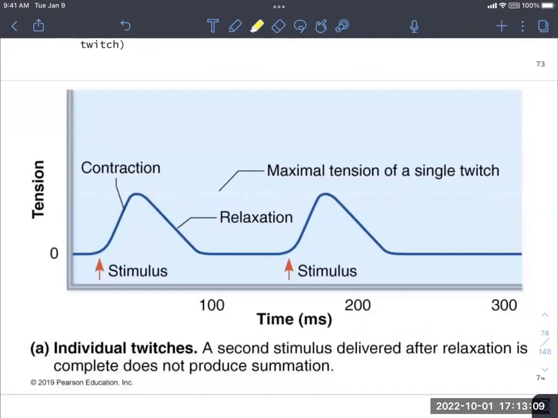Contract, relax, stimulus, contract, relax, stimulus. These are individual twitches. We send one action potential, get a contraction. Send another action potential, get a contraction. That is what's happening in this picture.